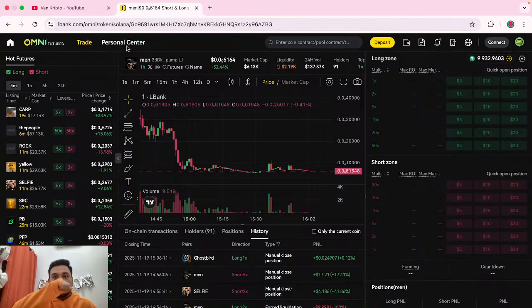I just got access from them because they wanted to see my review and my thoughts on it. So here we go. We can explore it together even without having access. You can see my screen. This is the interface you might see once it is officially launched on LBank.